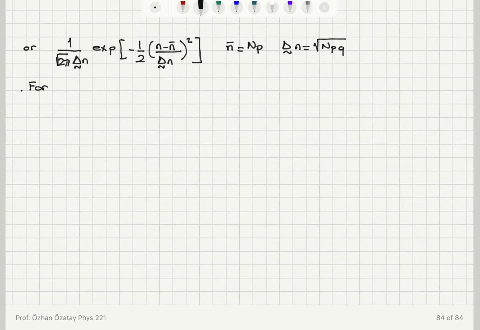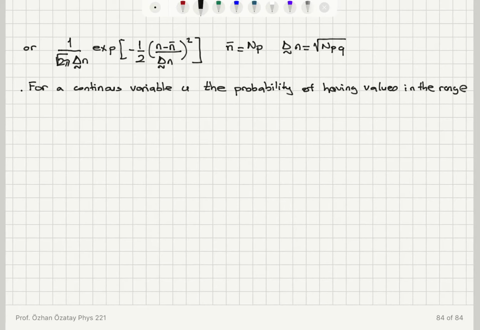So for a continuous variable u, the probability of having values in the range u to u plus du is given by the probability distribution function multiplied by du.